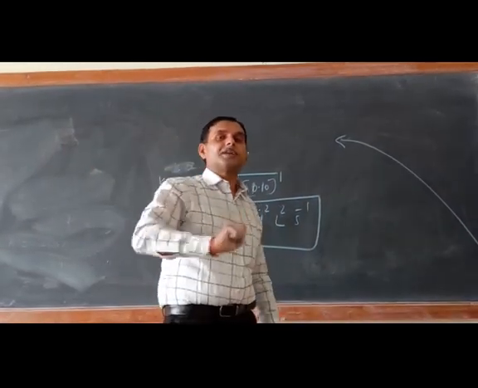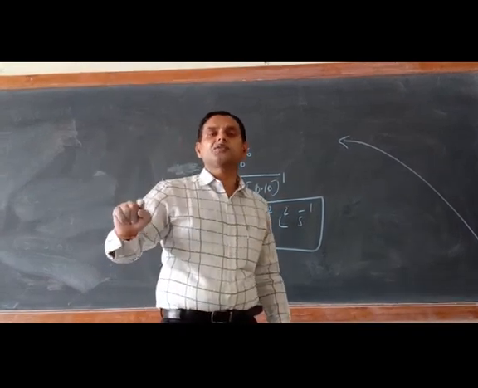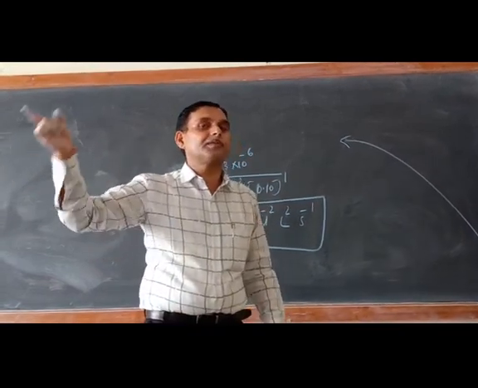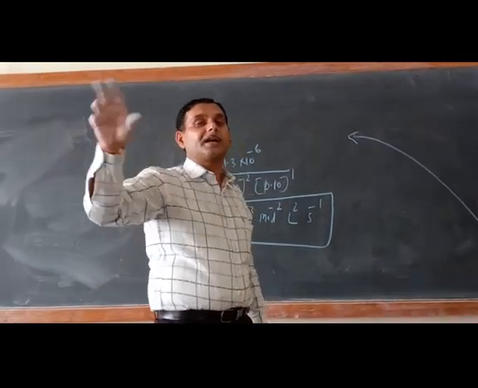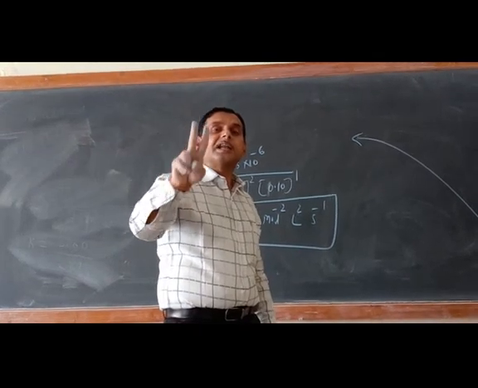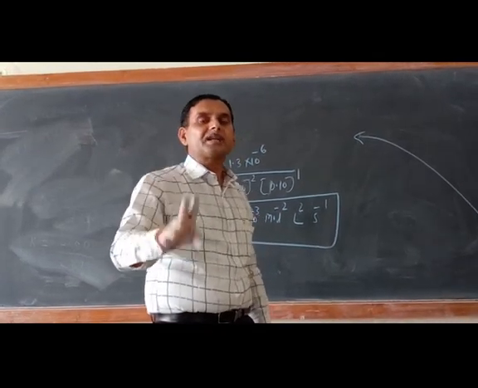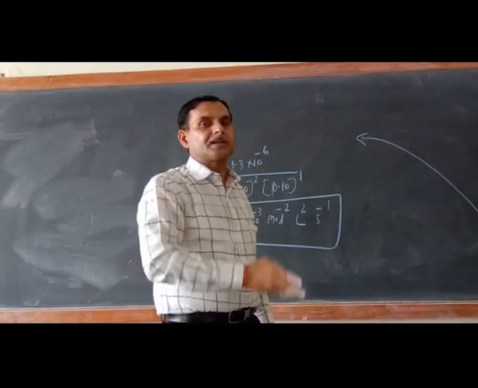One more thing is there, it doesn't mean that first should be divided by second, and second by third, and third by fourth. Any one equation you can take and divide. Only remember that you should select the equation in such a manner that one of the expressions, either P or Q, is cancelled out.